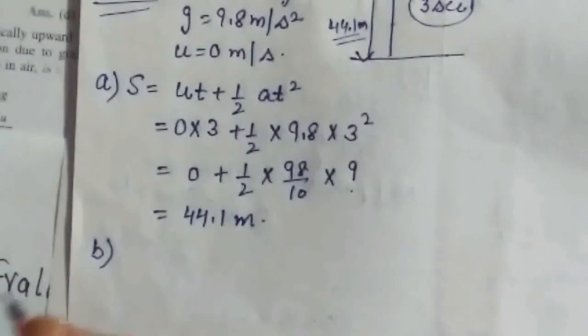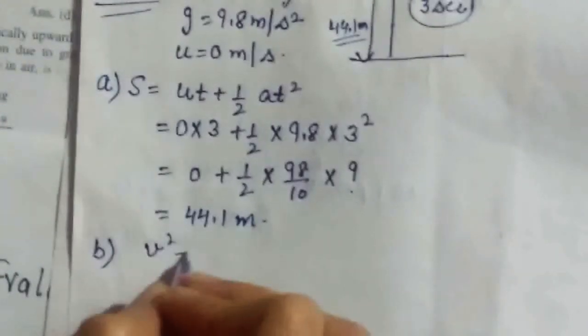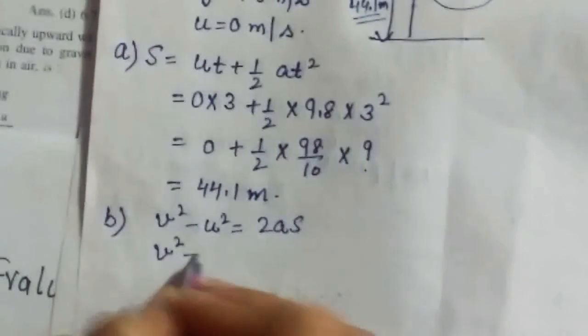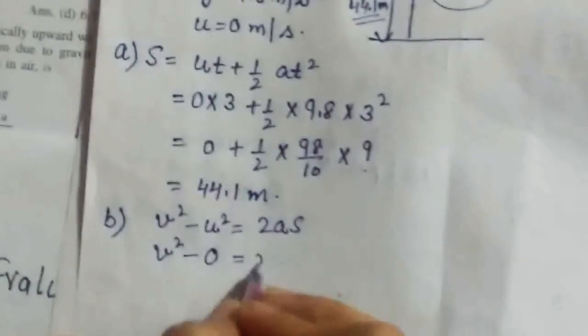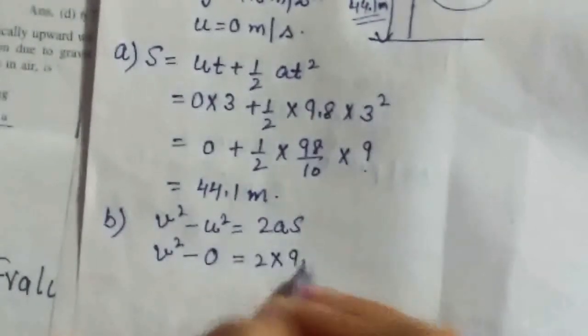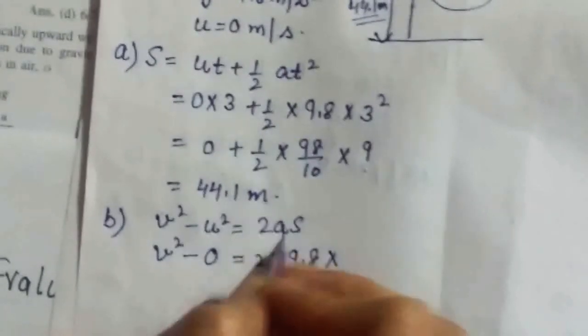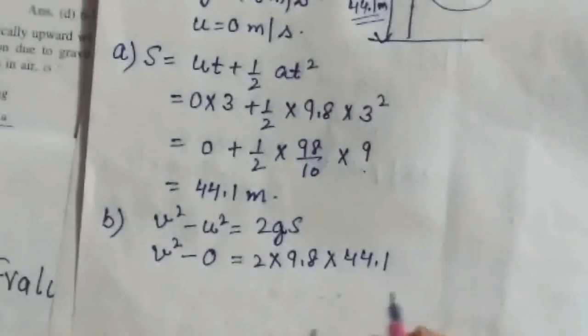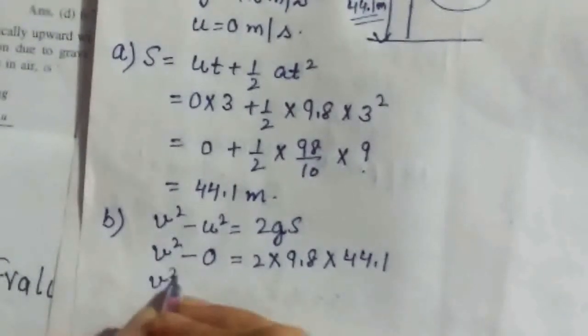Now the second part is we have to calculate the value of velocity. So again apply the equation of motion, that is v square minus u square is equal to 2as. We have to calculate final velocity. Initial velocity is 0. 2 into acceleration is 9.8 into distance is 44.1. Now again solve this.